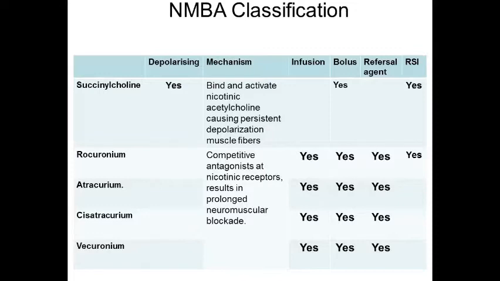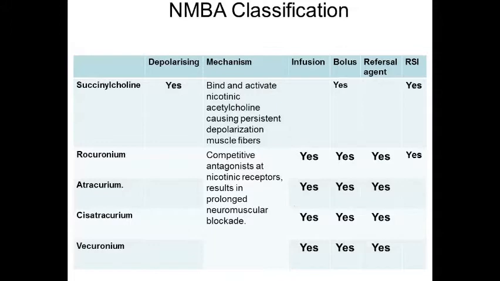Among the types of neuromuscular blocking agent that we have, the only one that cannot be used by infusion is succinylcholine. We usually give it as a bolus, and the most common indication, or maybe the only common indication, of succinylcholine is to do intubation, rapid sequence intubation, mainly for unplanned intubation.